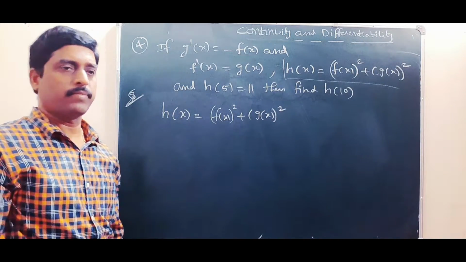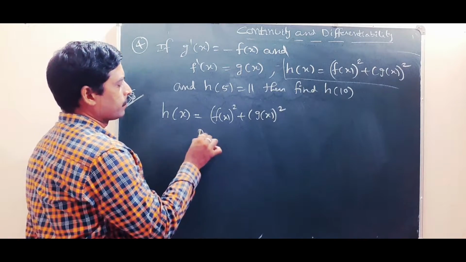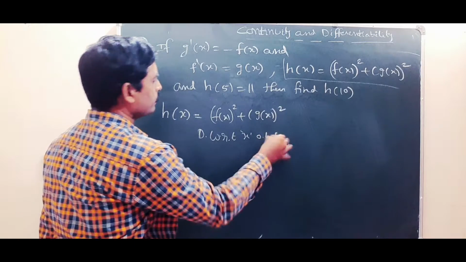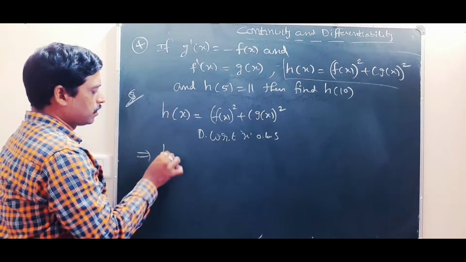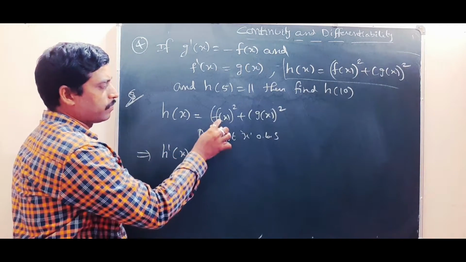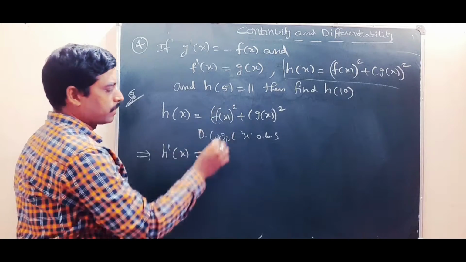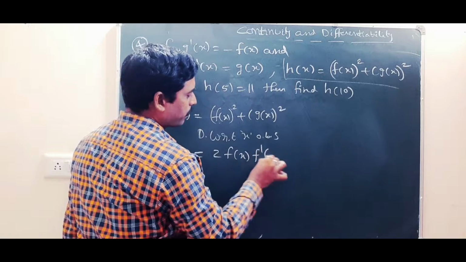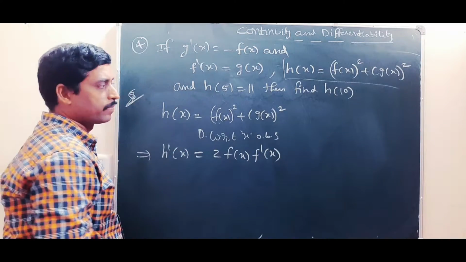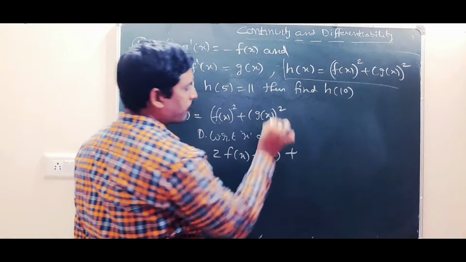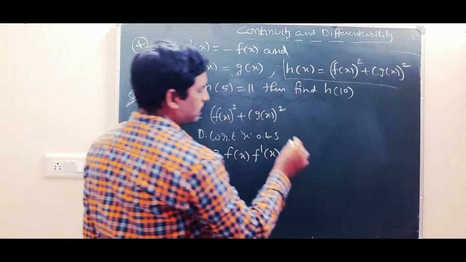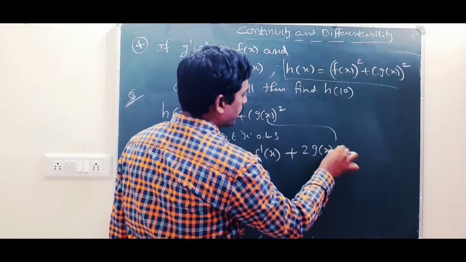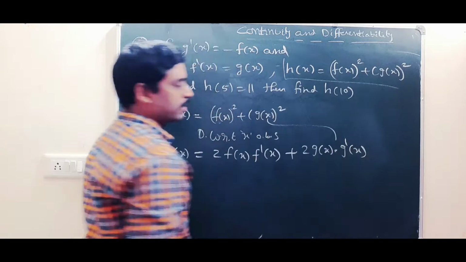Now differentiation with respect to x on both sides. So h dash x is equal to, differentiation of f of x whole square, it will be 2 f of x into differentiation of f of x, we get f dash x. Differentiation of g of x whole square will be 2 g of x into g dash x.